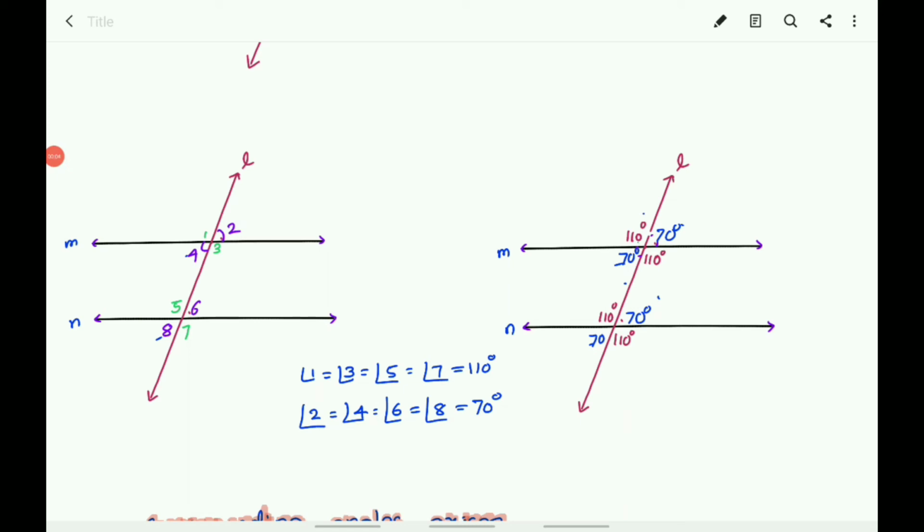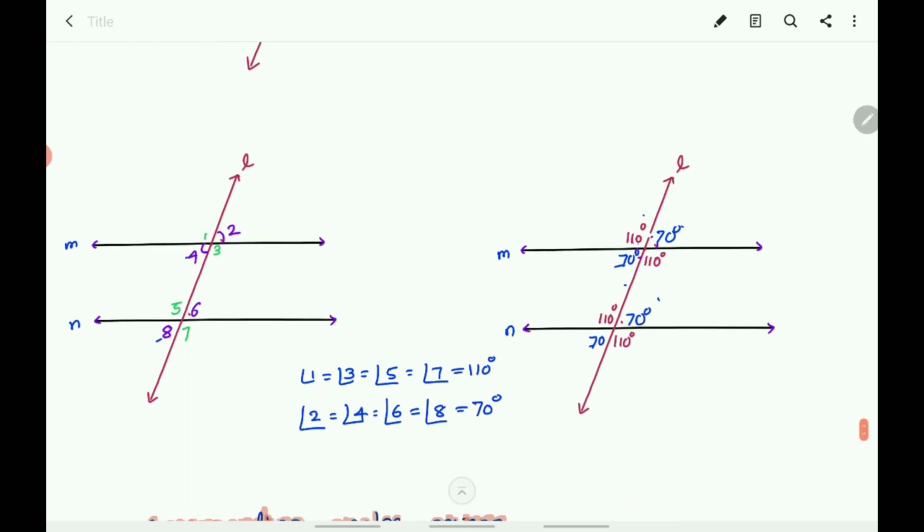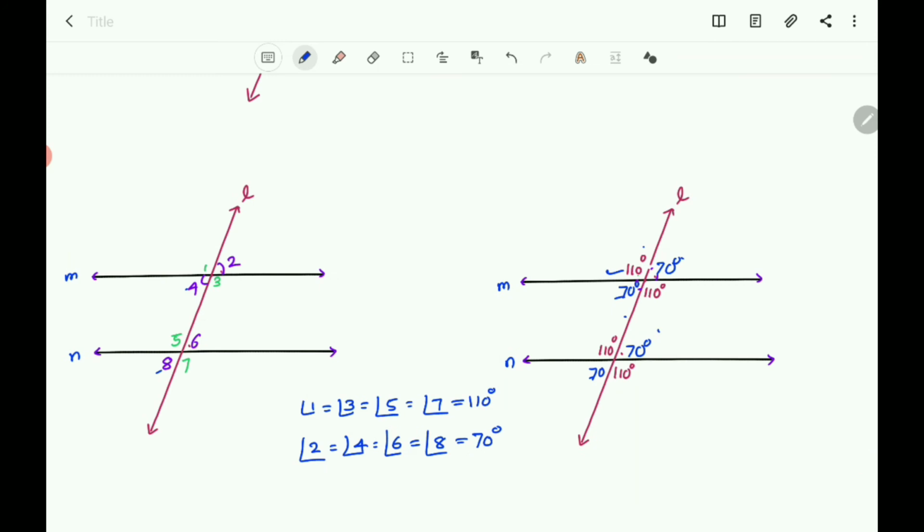Now let us verify the nature of the interior angles on the same side of the transversal of parallel lines. Here you get the measurements 70 and 110, and verify their sum. You know that 110 plus 70 is 180 degrees. Here also 110 and 70, their sum is 180 degrees.